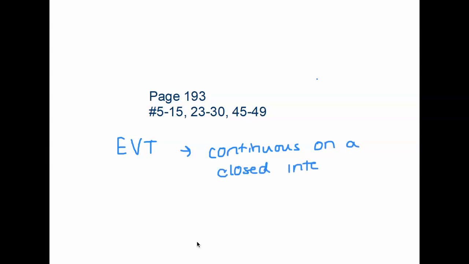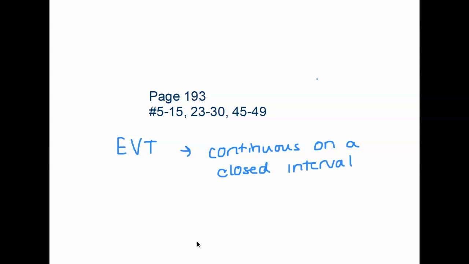Make sure if it asks you to use EVT, that you make sure all of the rules for EVT apply. So extreme value theorem says it has to be continuous on a closed interval.